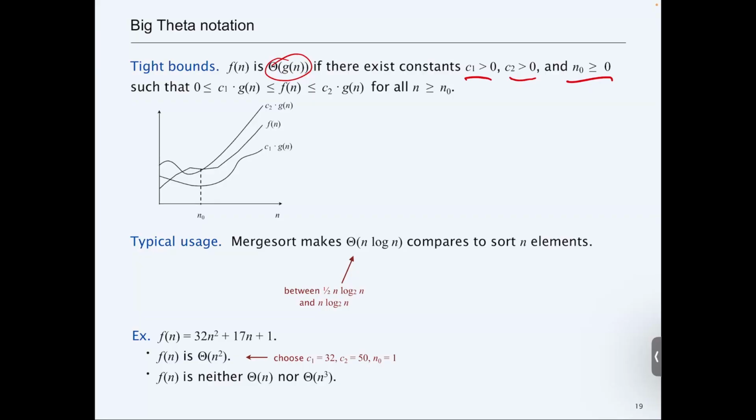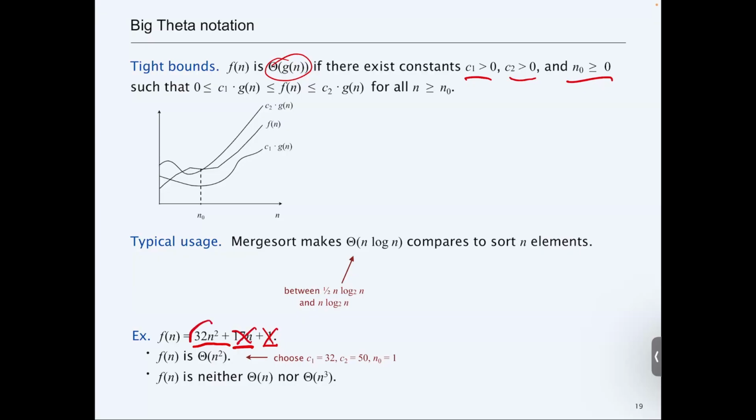So as we see in the example on the bottom here, 32n squared plus 17n plus 1 is theta of n squared because the quadratic term dominates both above and below. As this function gets very, very large with n, the 1 doesn't affect it as much, the 17n doesn't affect it as much.